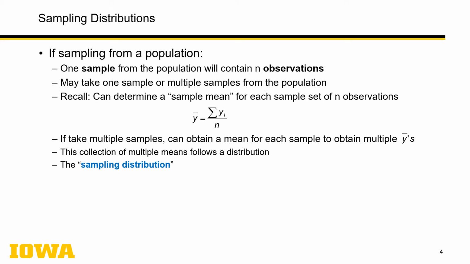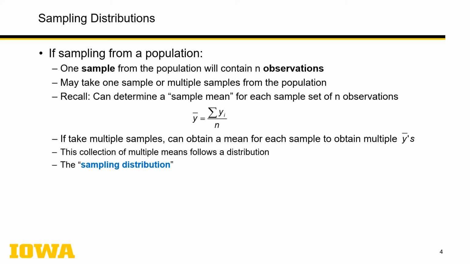And then recall that you can determine a sample mean easily by summing up your values and dividing by the total number of observations. Okay, so we can do that once for the first sample you take. You can do it again for the next sample you take, etc. That means you can take multiple samples and obtain multiple sample means, these y-bars.